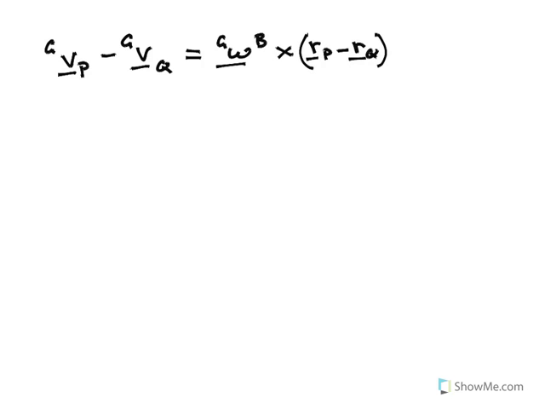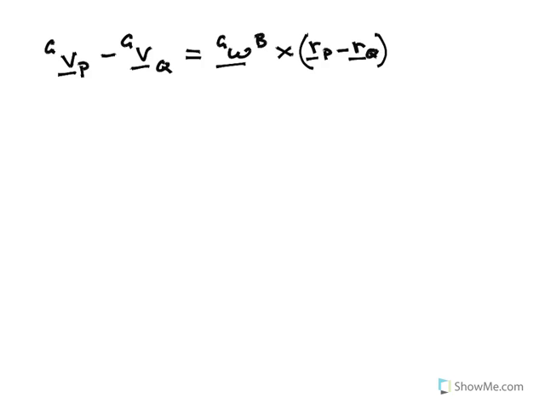We did that because, remember, points P and Q are both fixed in B, and we want the rate of change in reference frame G, so we're going to be applying this equation that relates the velocity between 2 points in a rigid body to get the rate of change in G between these velocities in terms of, or transporting from B to G. This is essentially the transport theorem for a rigid body.